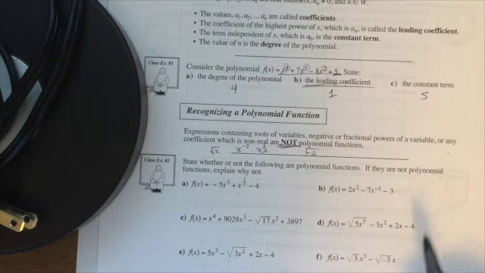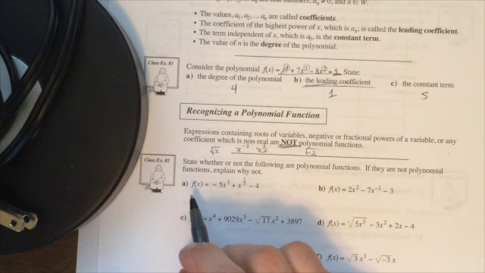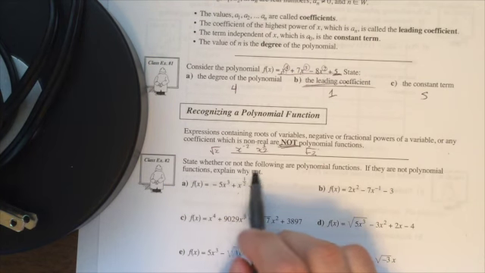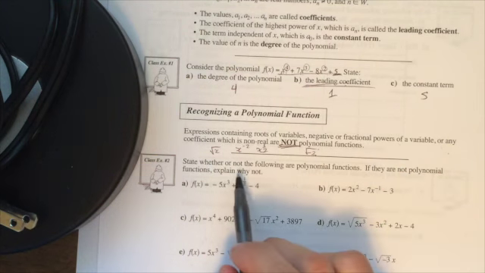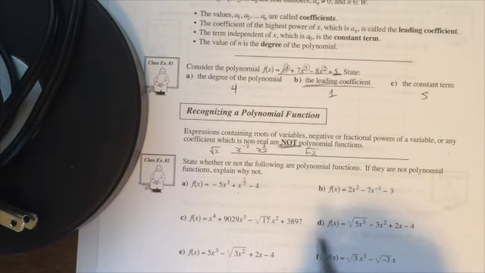All right? So let's take a look at this. Say whether or not the following are polynomial functions, and if they are not polynomial functions, explain why they are not.